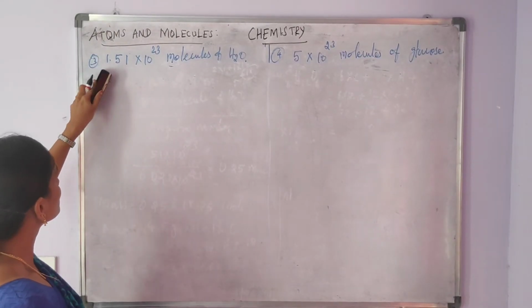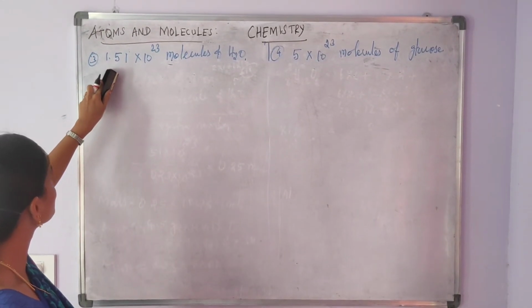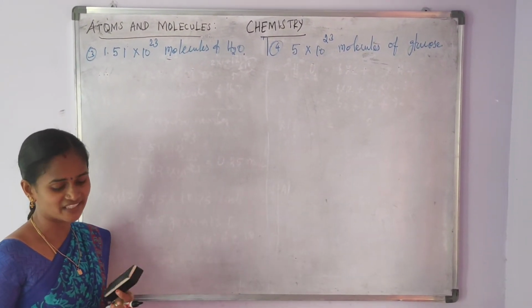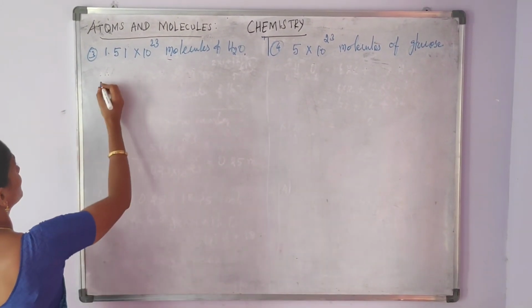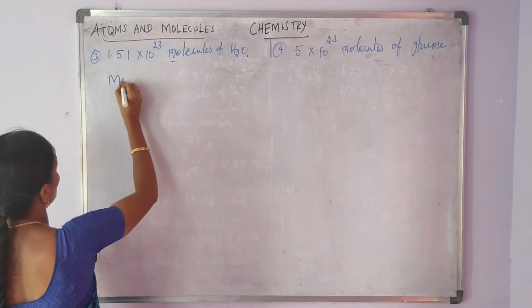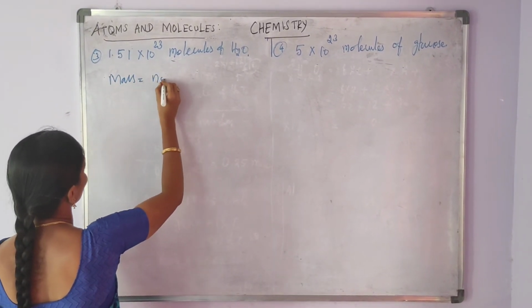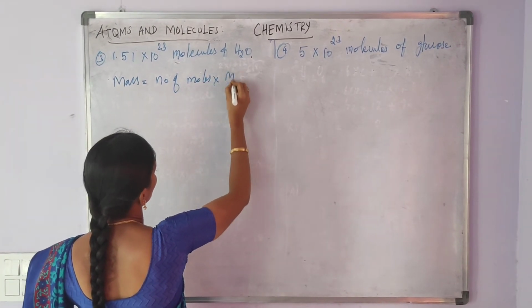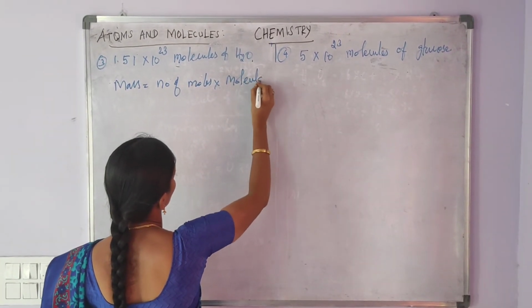The next problem is finding the mass from the data 1.51 into 10 power 23 molecules of water. So, first of all, the formula is mass is equal to number of moles into molecular mass.